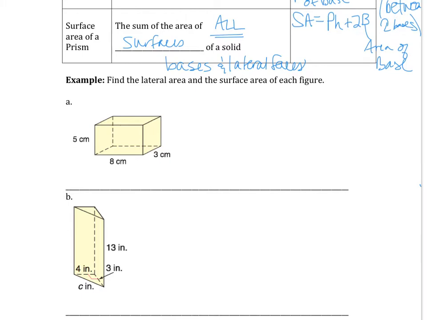So first, this is a prism. Okay, and it's a rectangular prism. I'm going to put an H next to this 5. That's my height. And I'm going to color in the shapes of my bases. So the base is a rectangle with a length of 8 centimeters and a width of 3 centimeters.